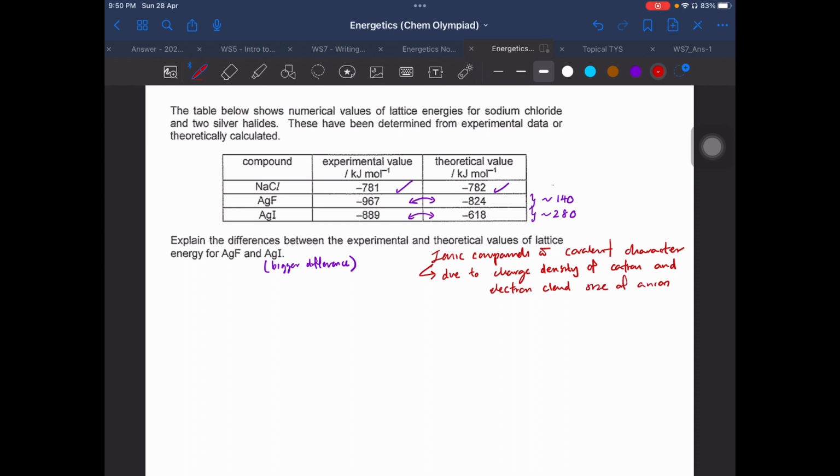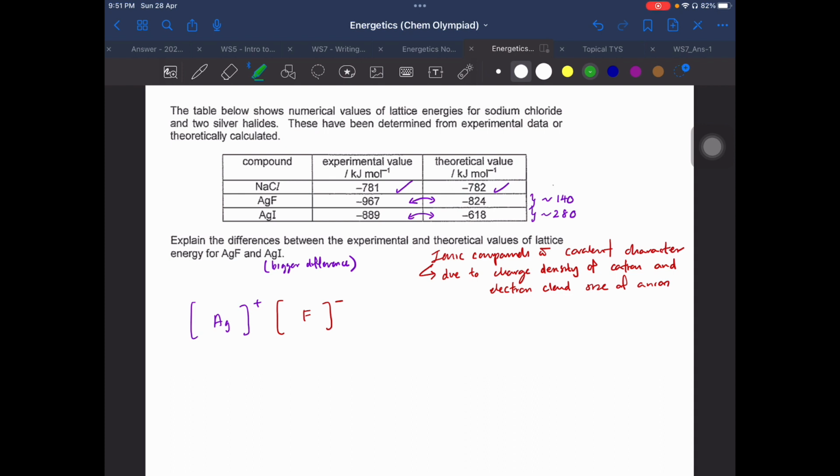What exactly am I trying to say over here? So let's try to visualize silver ion as well as my fluoride ion. And what do we mean by visualize? We visualize them as a cloud of electrons. So I think Mr. K already mentioned to you all that electrons exist in what we call principal quantum shells, orbitals, and so on, right? So you have your s orbital, p orbital, and so on.